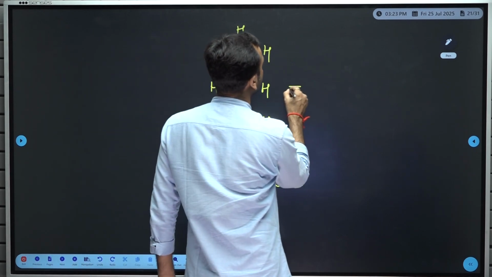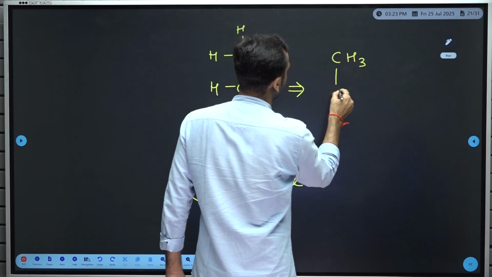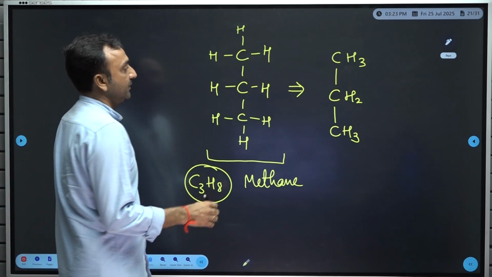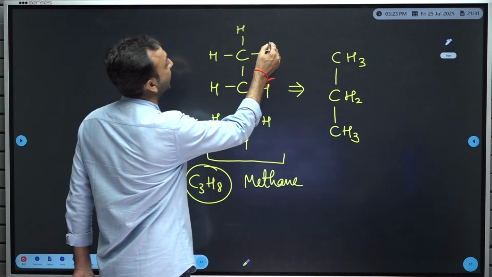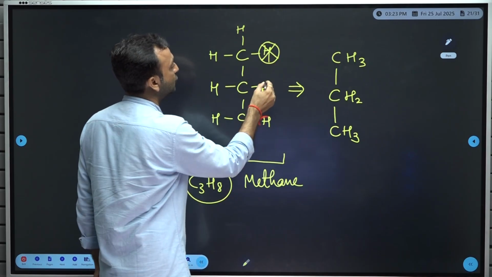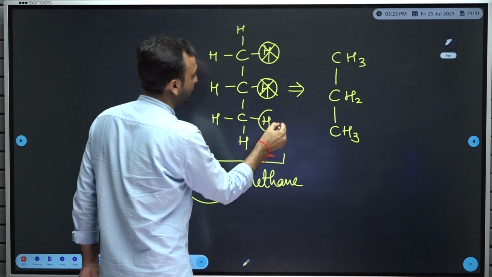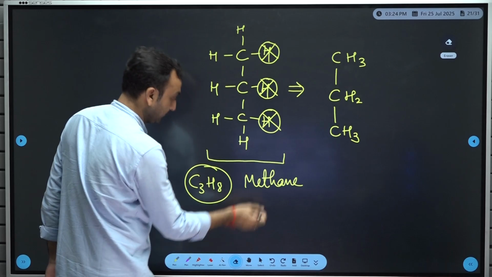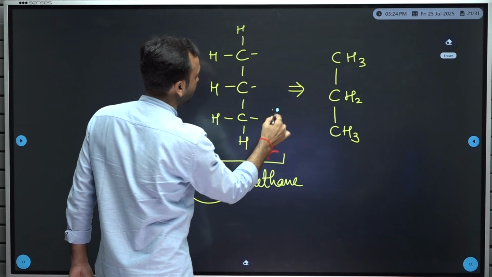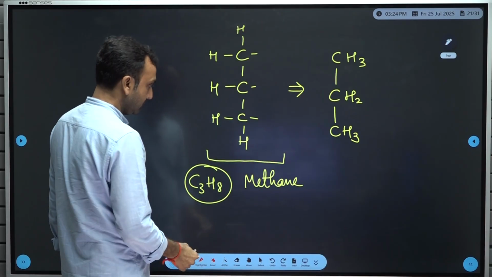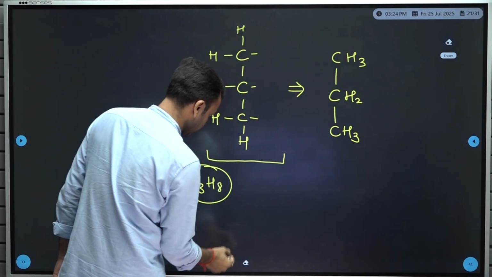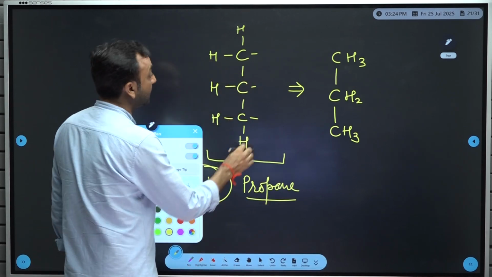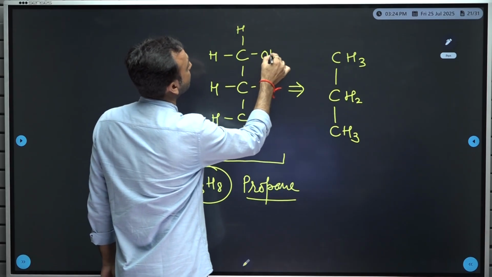Okay. Now, I am removing a hydrogen from here, also from here, and also from here, and replacing them with hydroxyl or alcoholic groups.